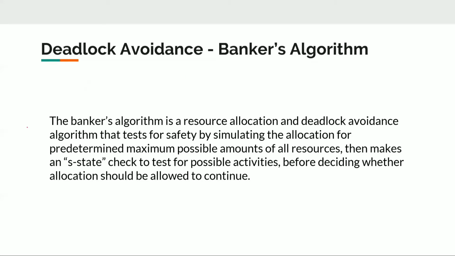Banker's algorithm is a resource allocation and deadlock avoidance algorithm that tests for safety by simulating the allocation of predetermined maximum possible amounts of all resources, then makes an s-state check to test for possible activities before deciding whether allocation should be allowed to continue. So it is a very complex definition. To make it simple, we will just see an example, and through the example, we will get all the concepts.